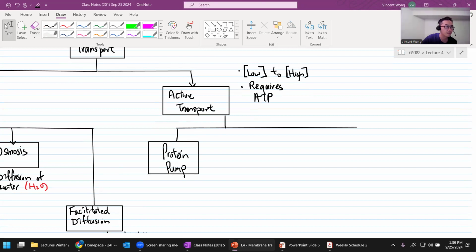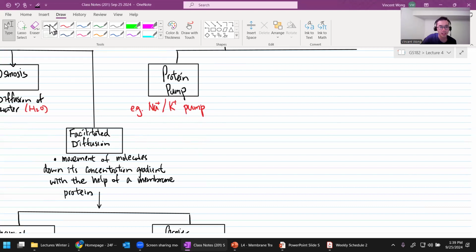So, for example, we have something called the sodium-potassium pump. This is an example. Many cells have the sodium-potassium pump, especially important in the neurons, and this is what it does. Let me try to draw it out for you to help you understand. These are phospholipids.